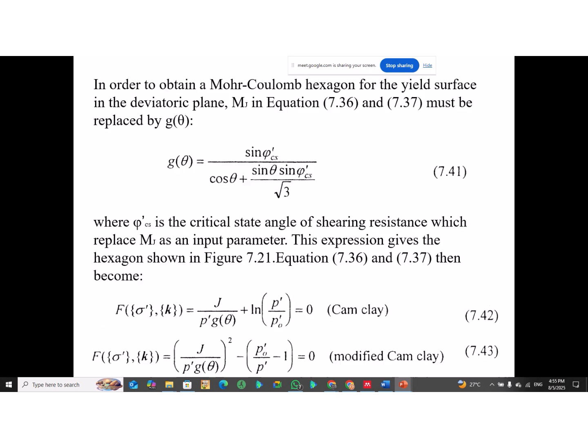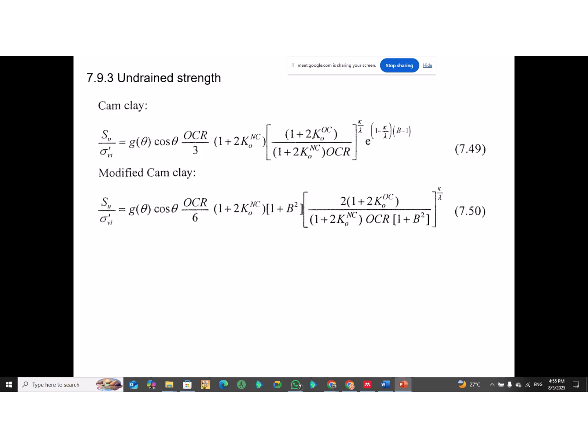So is that all we have? Then the undrained strength for Cam clay. Don't worry too much about the theory. I need you to understand the basis of the theory. Otherwise, in the exam, what will be brought to you is something you can easily do.